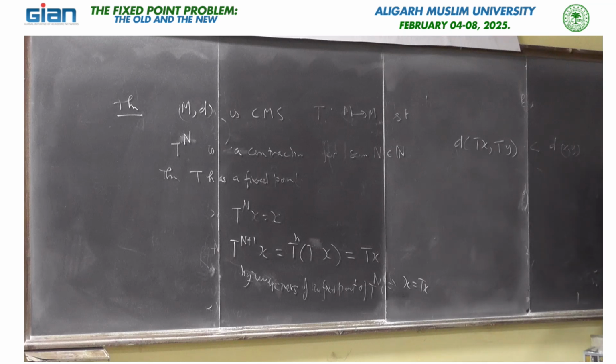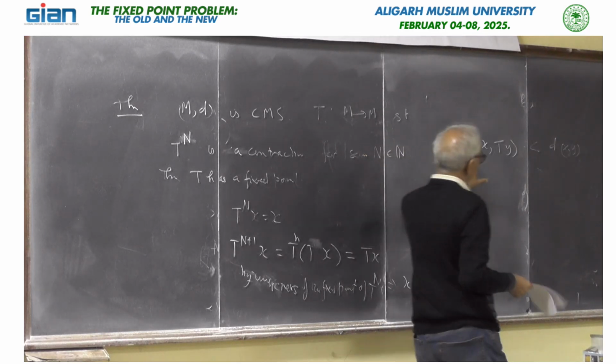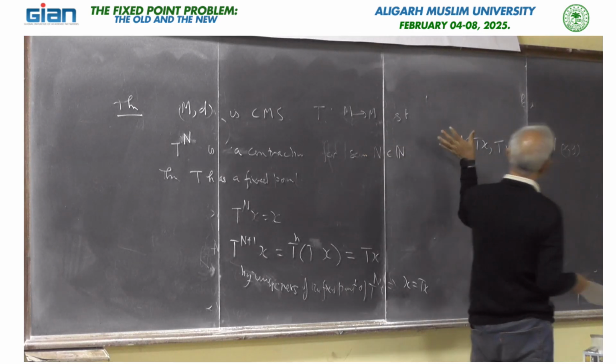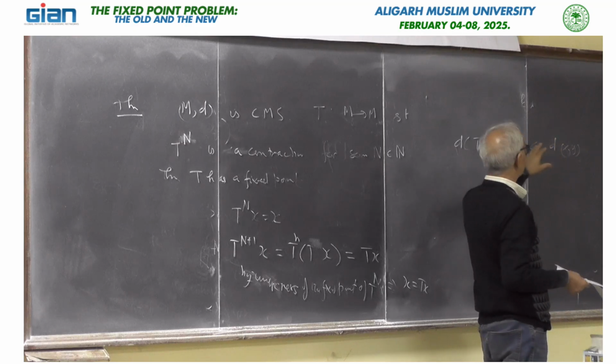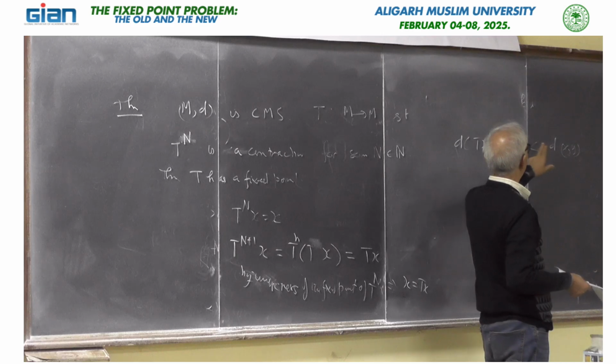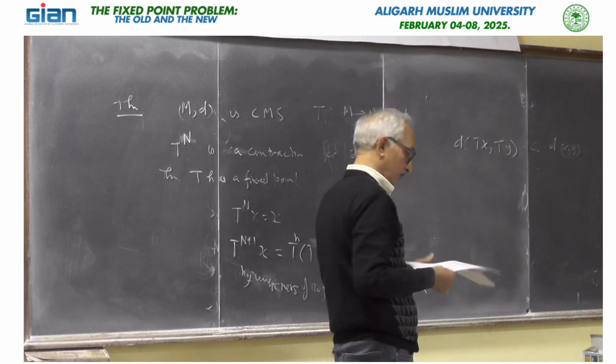So this condition is meaningful only for x not equal to y. It is called contractive condition. If it is a contraction, then you have some k or alpha that is less than 1. But in this case it is 1 here, and so this is called contractive. That is called contraction and this is called contractive.